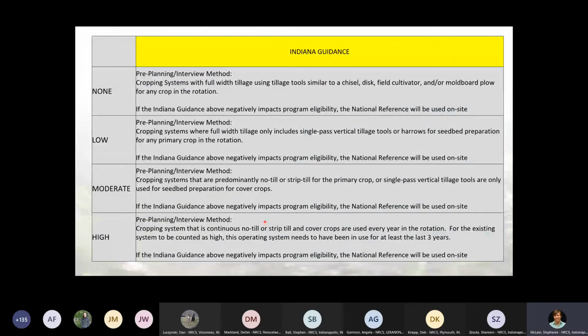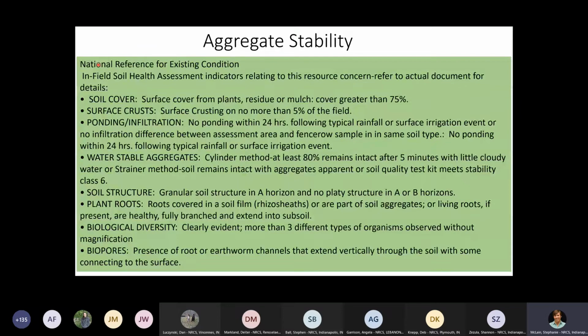Again, our guidance in this process is listed here. I just keep going back to this slide because I think this is the one that you really want to hang on to as we're doing these CART assessments. Aggregate stability, but actually the resource concern is instability. We list the assessments that can be used for the resource concern.